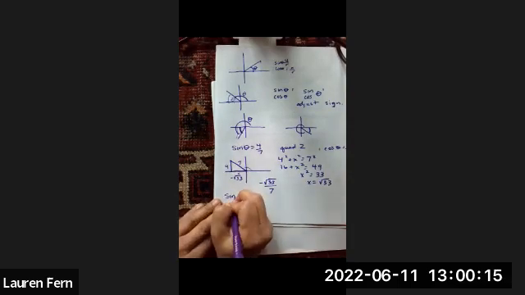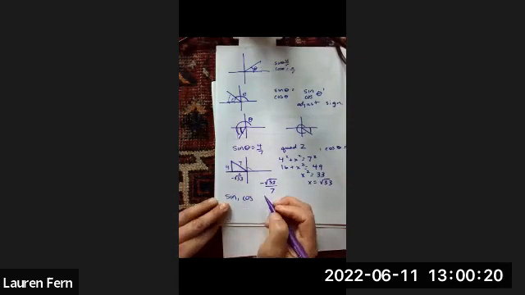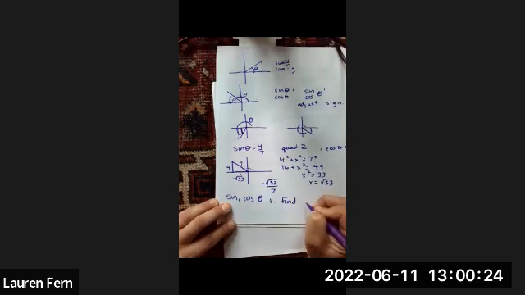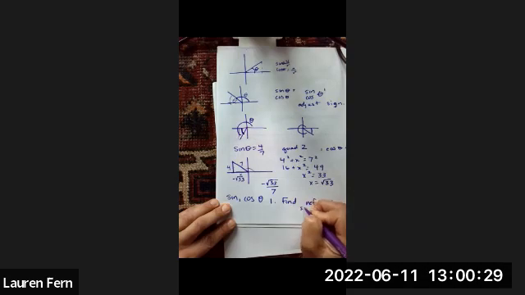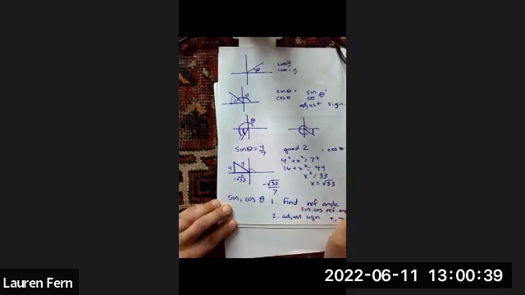So my point is this: if you want to find the sine or cosine of any angle theta, okay, what you do first is find the reference angle, find the sine or cosine of your reference angle, and then adjust the sign, positive or negative, depending upon what quadrant you are in.